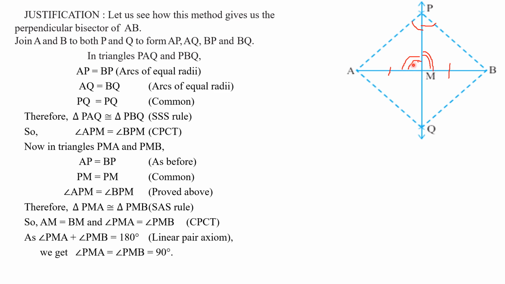Therefore, PM, that is PMQ, is a perpendicular bisector of the line segment AB. Understood, my children?